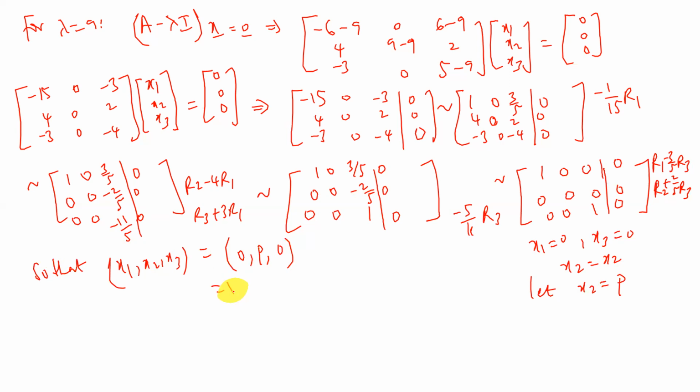You can pull out the p: 0, 1, 0, p is arbitrary.